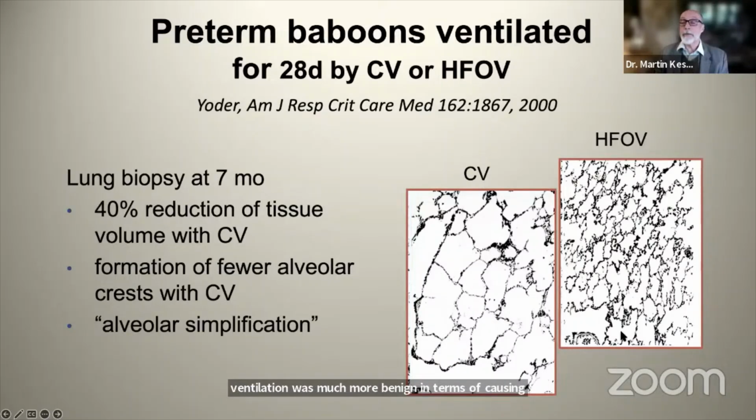You can see a well-preserved lacy pattern of alveolar formation in these baboons that were biopsied at 7 months of age after they recovered following a long period of ventilation, whereas the conventionally ventilated animals had the typical new BPD pattern that we see today in neonates.